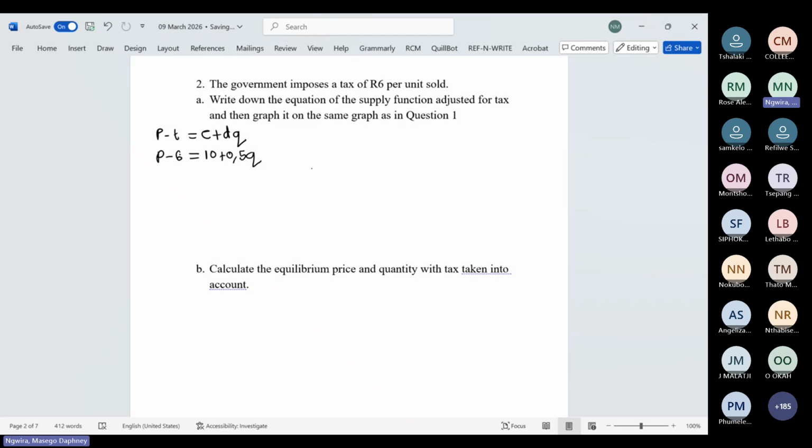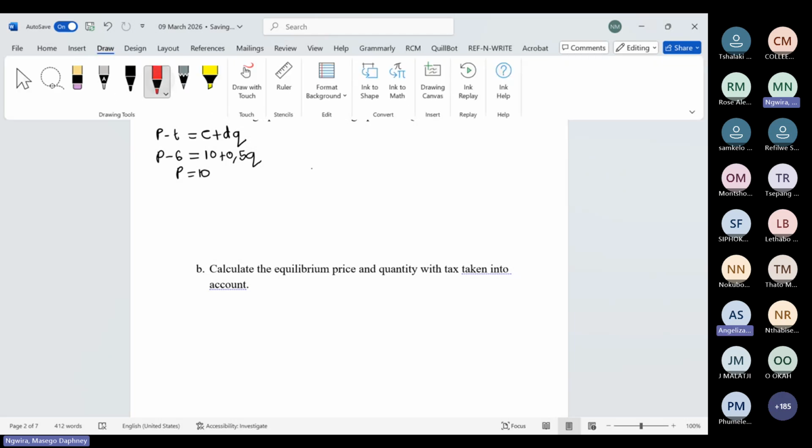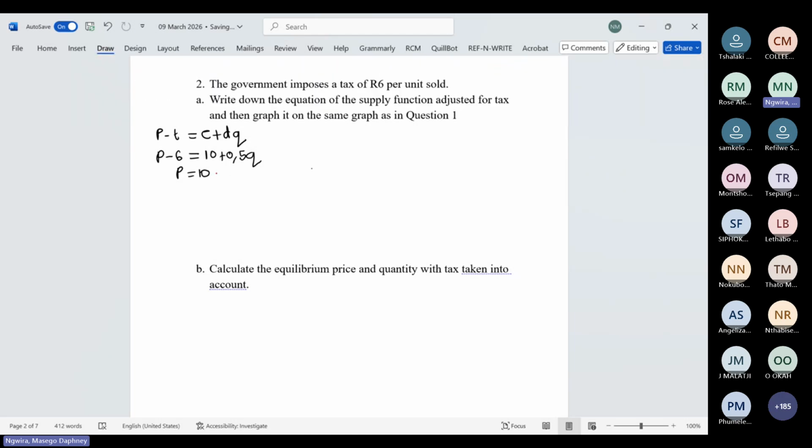So we're going to take 6 to the other side. When you take 6 to the other side, it changes the sign. So I'm going to have P is equal to 10, because 10 and 6 are friends, so they're going to stay together. So 6 is going to be a plus because our 6 was a negative on the left-hand side.